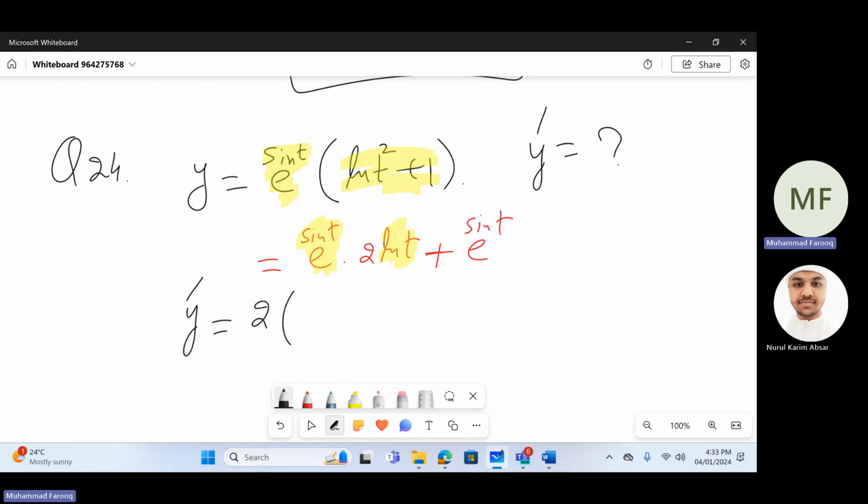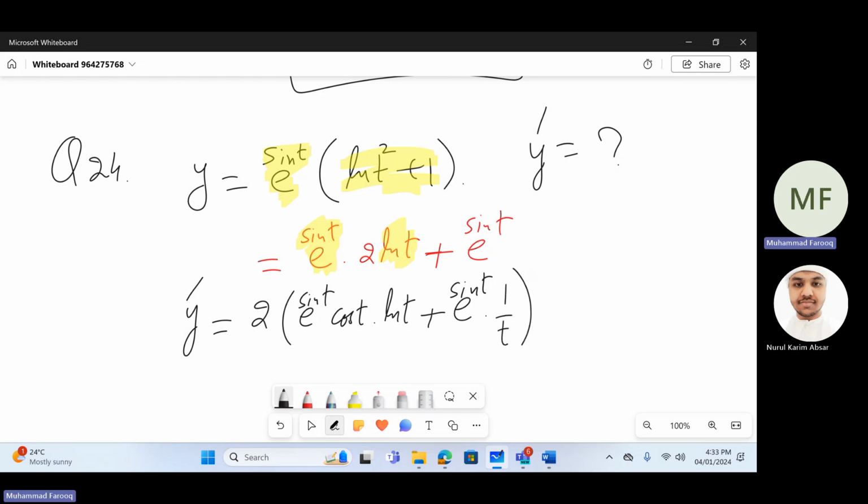So first of all, differentiate e power sin t. So e power sin t times the power derivative, which is cosine t, times v, which is ln t. So basically this is u prime v, then plus u, which is e power sin t, times v prime, the derivative of ln t, which is 1 over t.